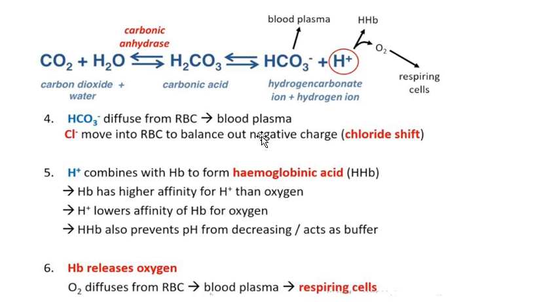This hydrogen carbonate ion now has to leave the RBC back into the blood plasma. That's why I have this arrow to the blood plasma.